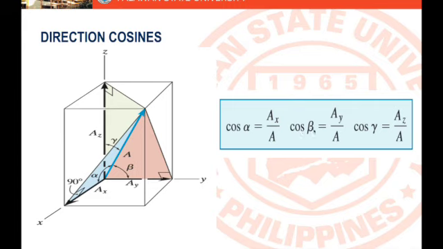Same goes for beta angle and for gamma angle. So then we can determine our direction cosines by taking the arc cosine of these equations. So ax over a, ay over a, az over a, arc cosine of that will give us the angle. Since in these triangles we already see that cosine of alpha is equal to ax over a, and so on for beta and gamma, to find these angles, we just need to get the arc cosine.